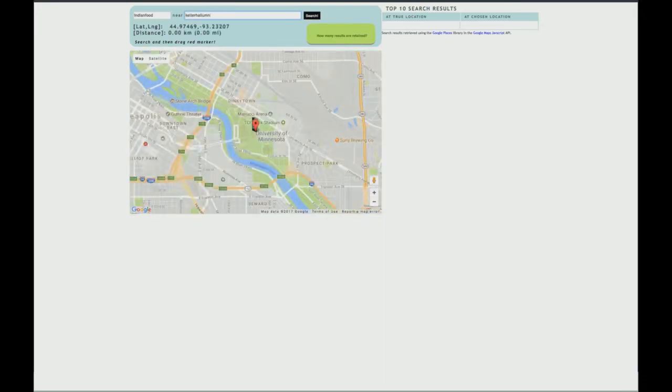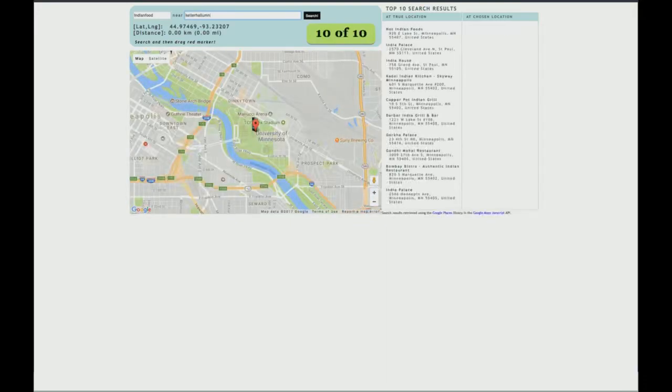So this is going to show me Indian places where I can get Indian food near this location. And so we're using Google APIs for this, and we're listing down the top 10 places that the APIs have returned, and that's what this left table is.